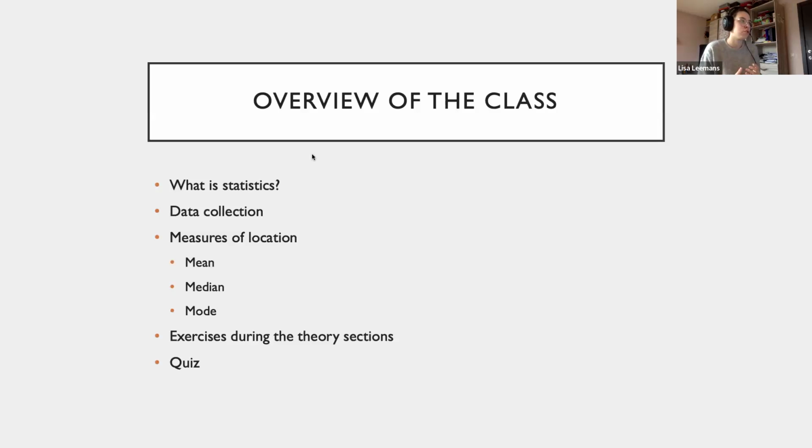So I will just shortly talk about what it is, what you do with it, and then I will move on to data collection. With data collection, I will just mention which types of data we will make our calculations with for this class. And then we move on with the definitions of the measures of location, where we have the mean, median, or mode.